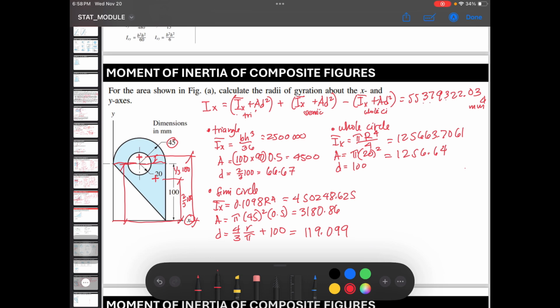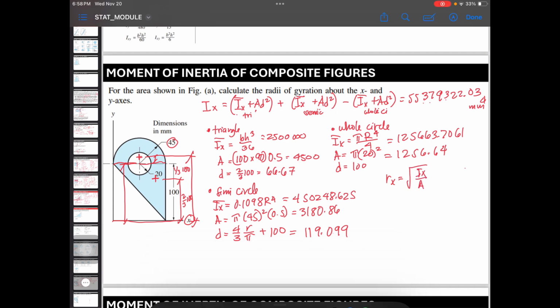So, yun yung Ix. So, we can get Rx. Rx equal to Ix over area. Let's get the area.